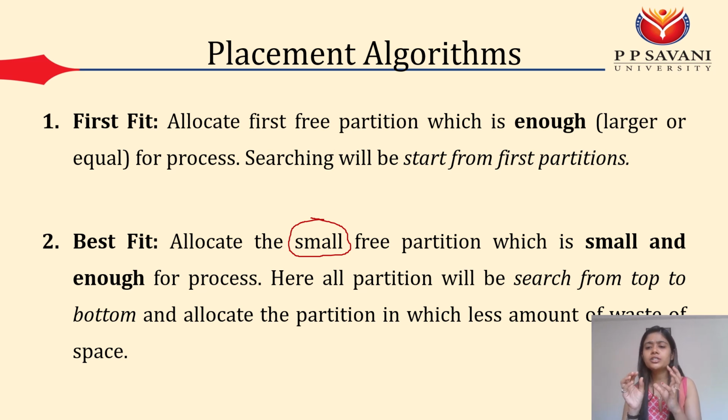That means the difference between the partition size and the process size must be very small, and that partition is selected for the allocation of that process. So here all the partitions are searched from top to bottom and the partition that is just big enough to hold the process is allocated. So obviously it will create a smaller unused fragment in that partition.